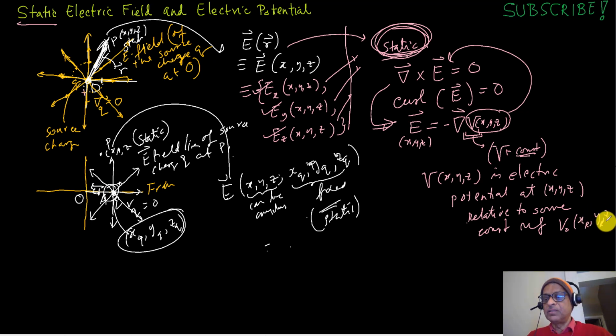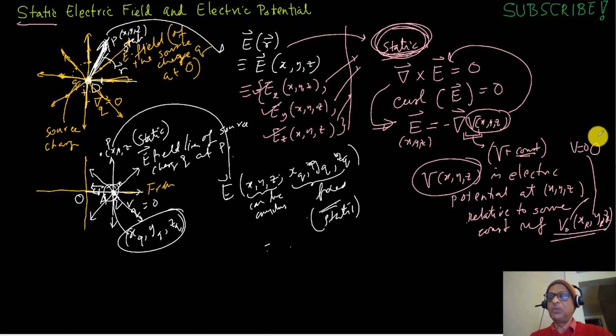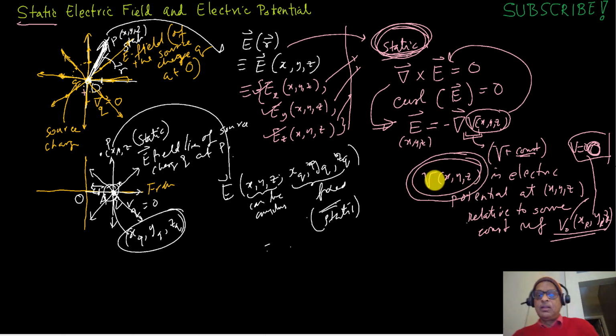So this will be some constant value. If at this point I say V equals 0, then normally at that reference point you set V equal to 0, and this fixes all the potentials at all other points.